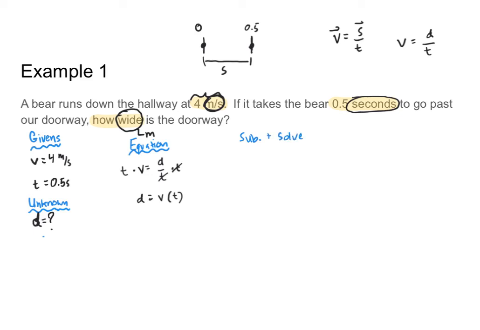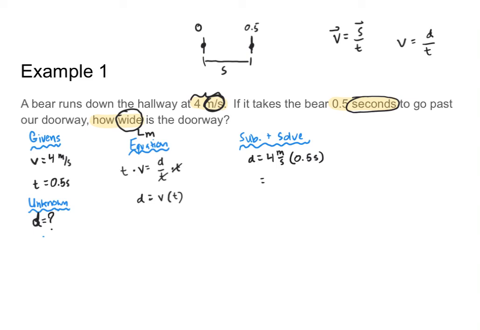And I'm going to combine those two steps, which, as I mentioned in the previous slide, is something I like to do. So my distance is equal to my speed, which is 4 meters per second, times my time, which is 0.5 seconds. Now, as you can see, I have kept my units in, and I do that because for me, it is another way to check my answer.